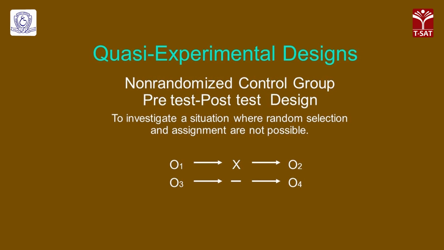Hence, they are unlikely to be comparable. In fact, it is on this ground that the design becomes quasi-experimental and not true experimental. Since the rest of the design-related characteristics remain common with the randomized control group pre-test, post-test design of the true experimental design category, we do not need to provide any further details on this design.